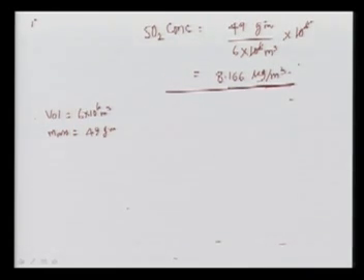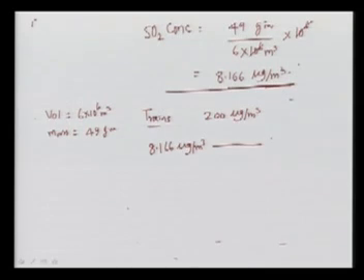So the number of trains that can be allowed. The required concentration is 200 microgram per meter cube. And 8.166 microgram per meter cube is contributed by one train. So 1 meter cube will be converted by 1 by 8.166, and I am allowed to contribute up to 200.